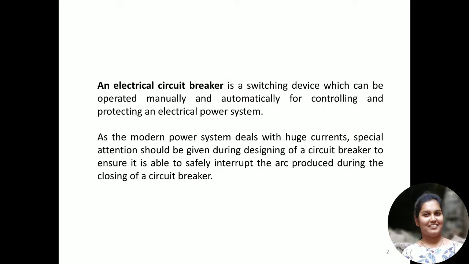Okay, this high current may damage the equipment and the networks permanently. So for saving these pieces of equipment, that is our loads and the power networks, the fault current should be cleared from the system as quickly as possible.